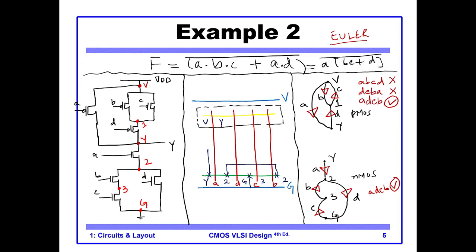Because the next one is D, and one end of D is connected to Y, so that's why I choose this one. Now for D, one end is Y and the other end is 1. The next one is C. One end of C is connected to 1, the other end is connected to V. The next one is B. One end of B is connected to V and the other end is connected to 1.